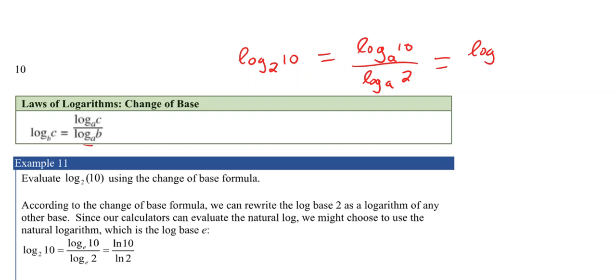Why don't we just write this as log 10 over log 2? If you have a calculator that doesn't allow you to type in log base 2 of 10, you should get the exact same answer if you write log 10 over log 2. So let's try that one.